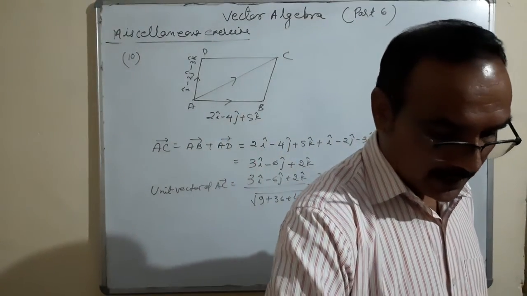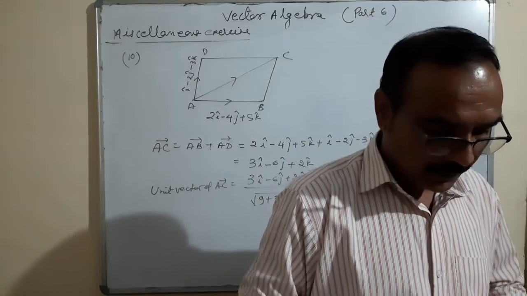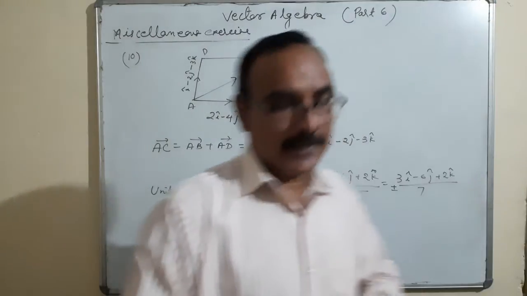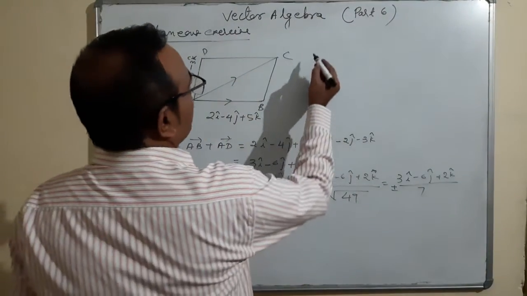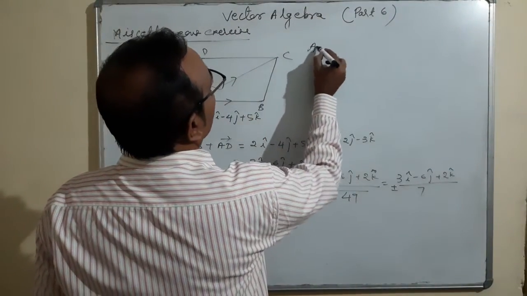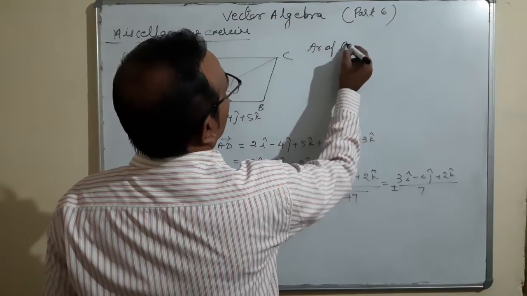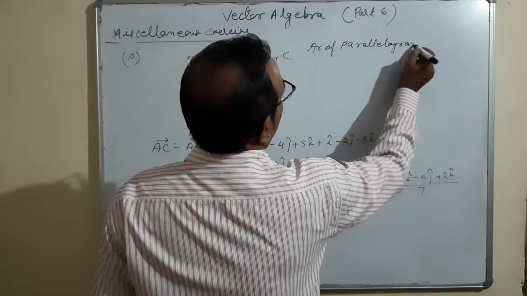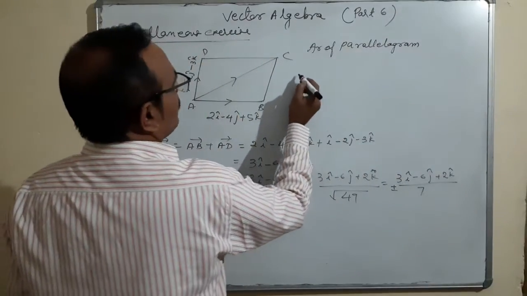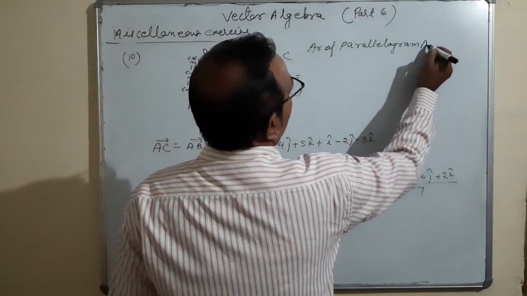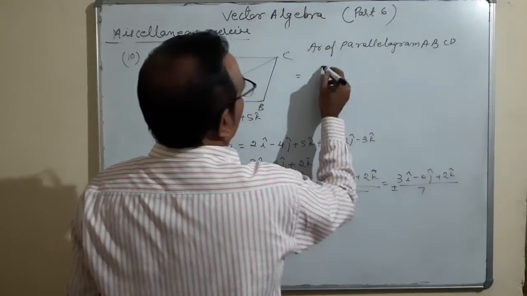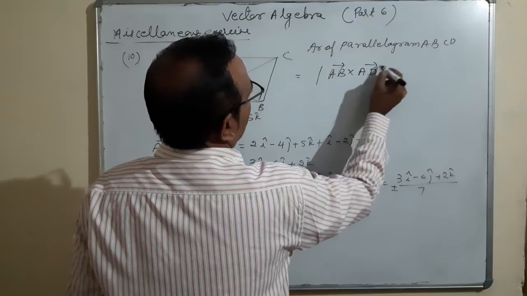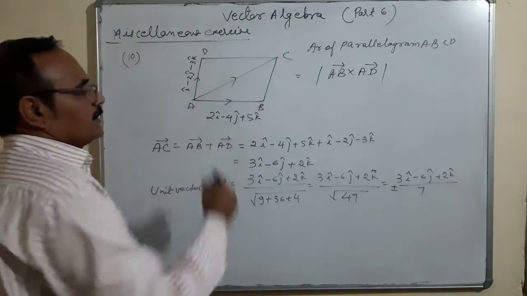And the second part they are asking is to also find its area. So you know that the area of parallelogram ABCD is equal to the magnitude of AB cross AD.